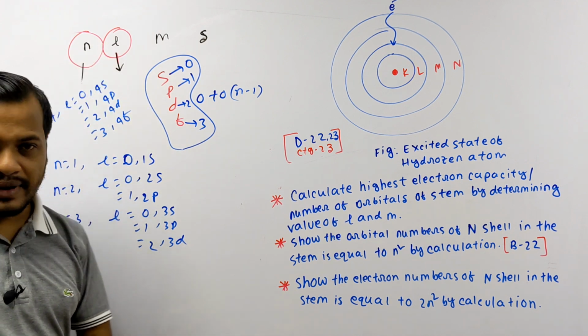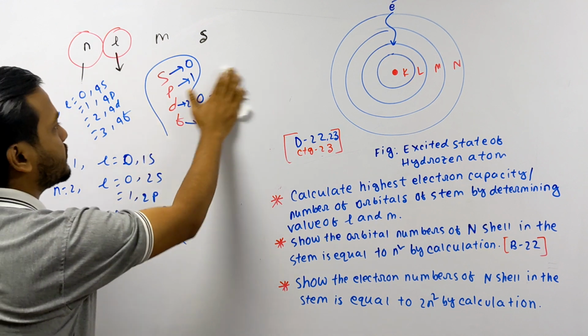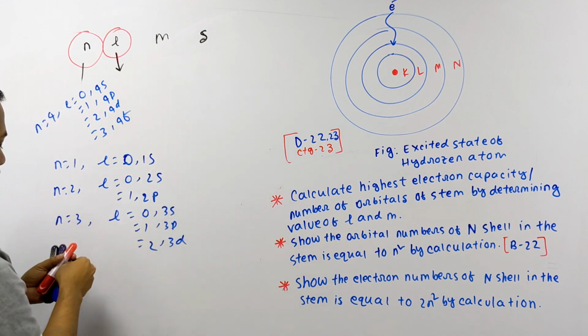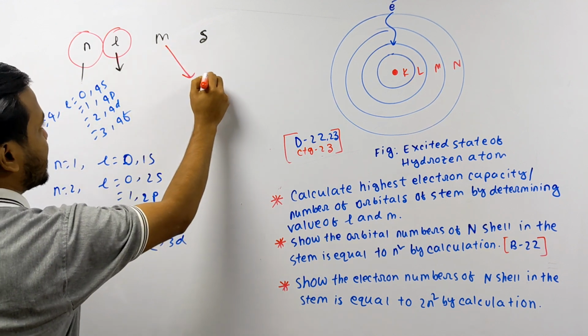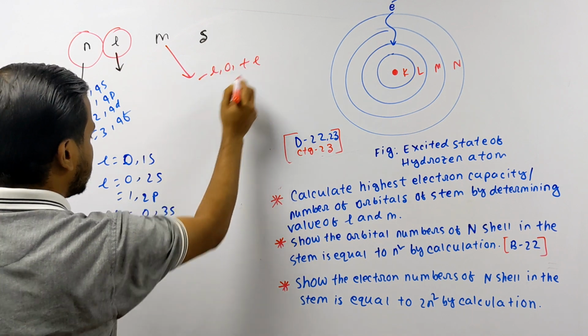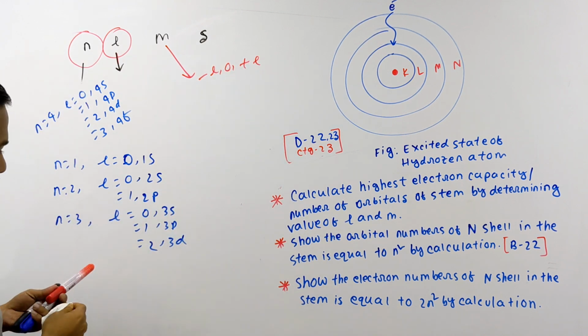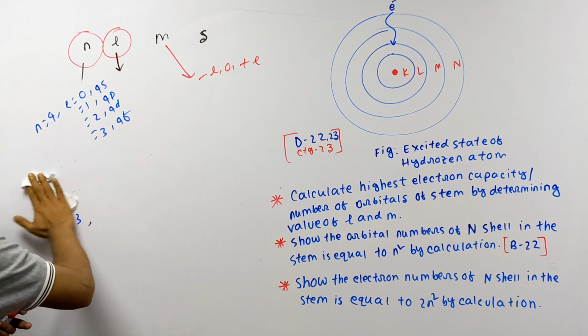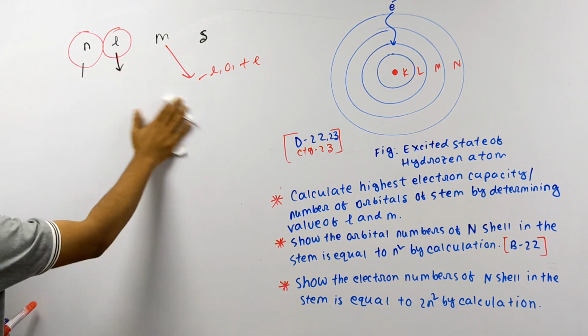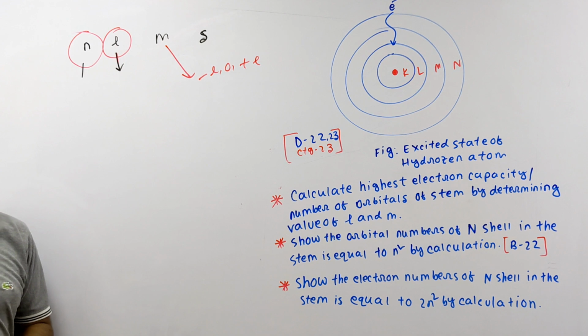Now m should have a value from minus l to plus l. m depends on minus l, 0, plus l. This is very interesting. So for solving this question, we should know about l and m, right?